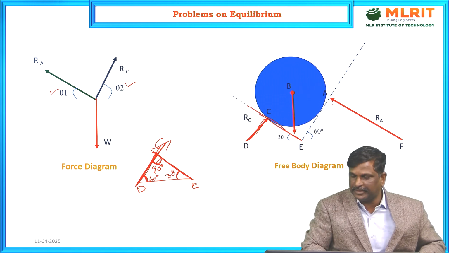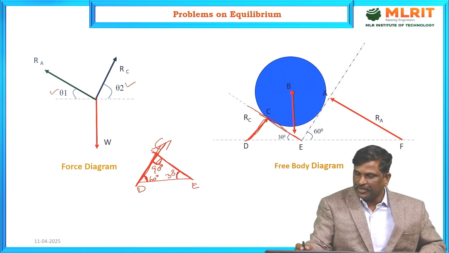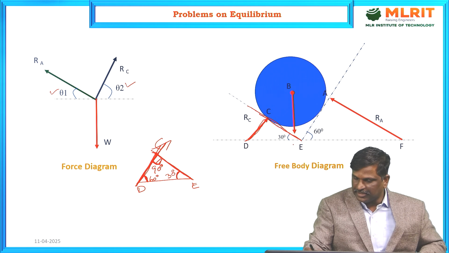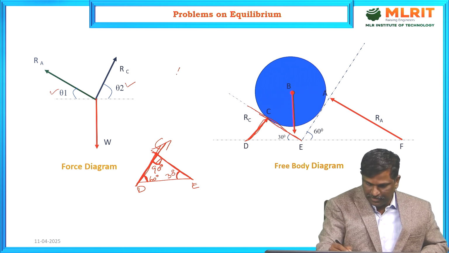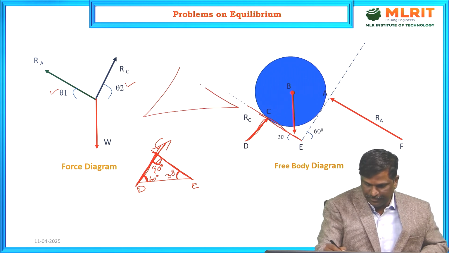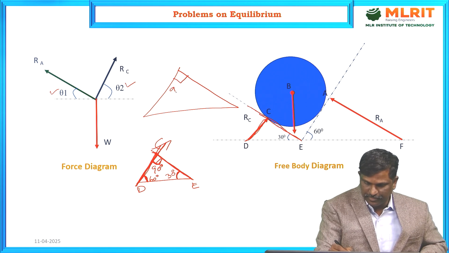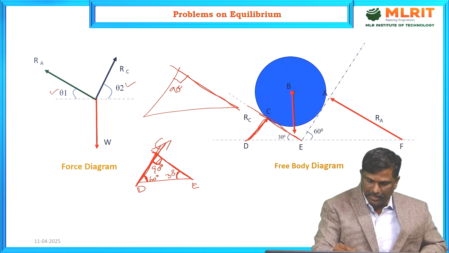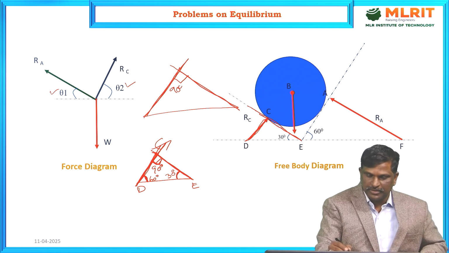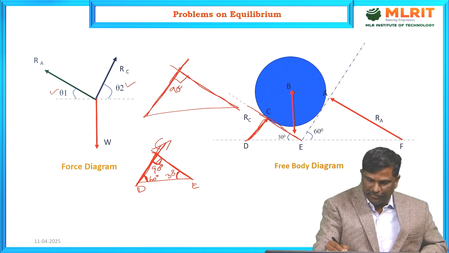To find the direction of RA, look at the right angle triangle AEF. Here this is 90 degrees because this is the line of action of RA and this is the inclined wall. The line of action of the reaction will always be perpendicular to the contact surface. This is the contact surface.